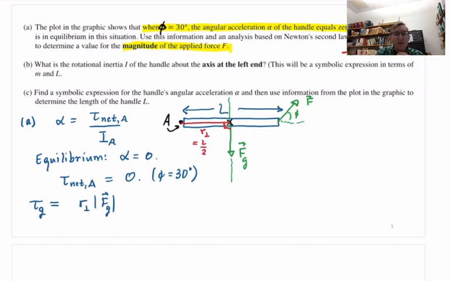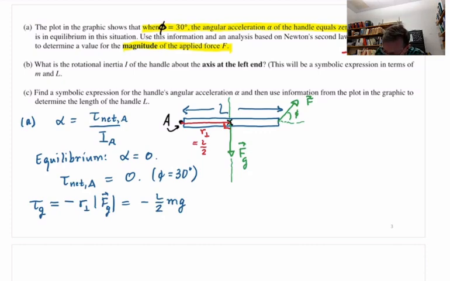It would rotate clockwise, yes? And clockwise torques are negative. So I have to insert a negative sign in front. Now I put in that this is negative L over 2 mg, right? Because magnitude of F grav is mg. There's the symbolic expression for gravitational torque.